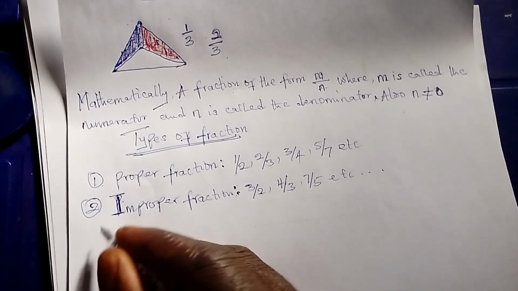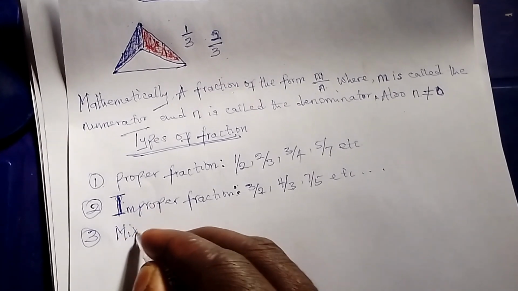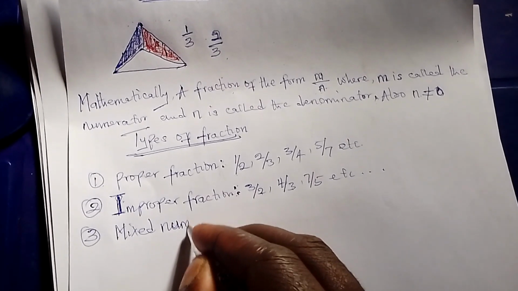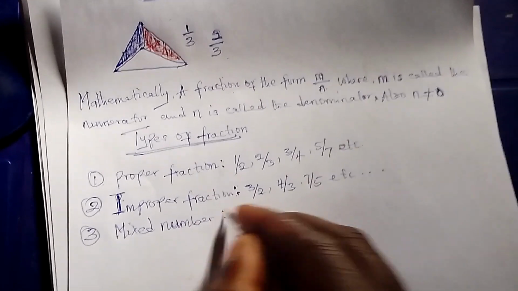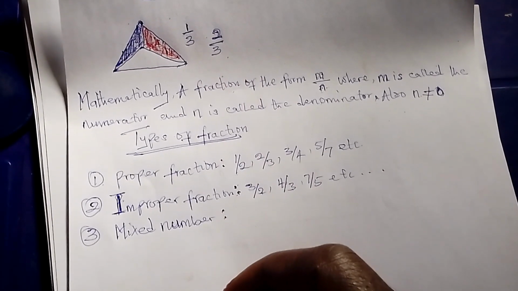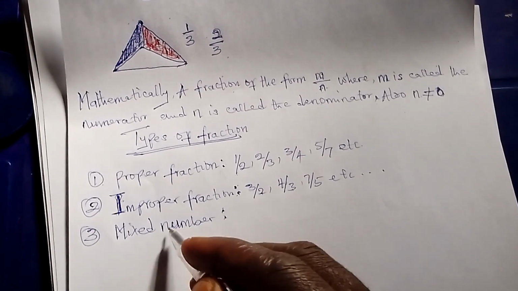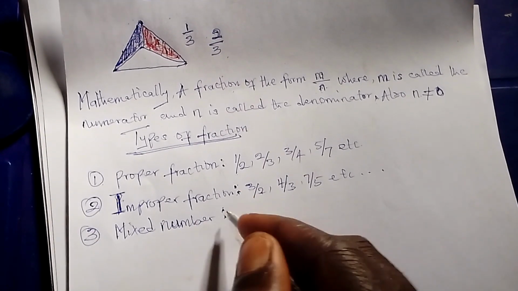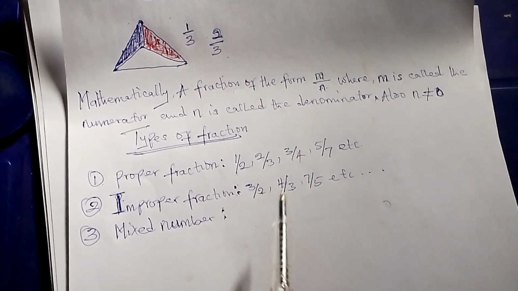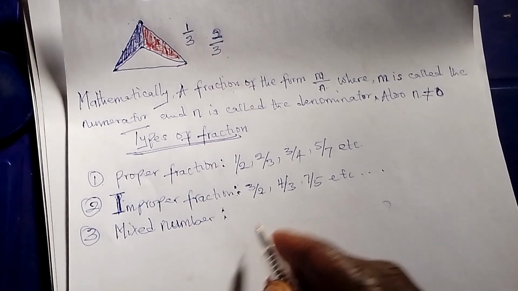Then the last type of fraction is mixed number. So when do we say that a fraction is a mixed number? From that word mixed number, a mixed number is a type of fraction that has a combination of a whole number and a fraction.